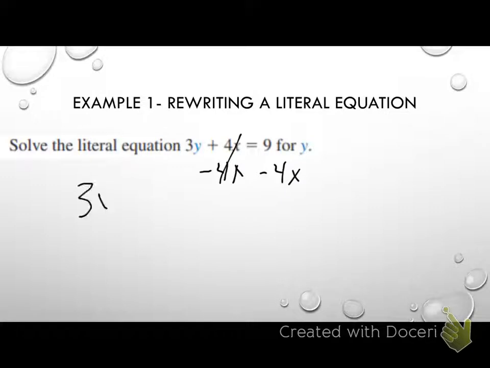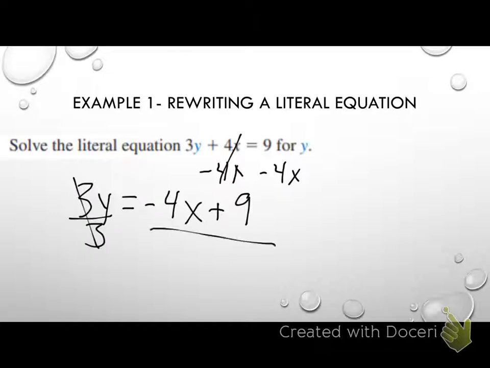So I get 3y equals negative 4x plus 9. Now what do I do? Divide by 3 on both sides. When I divide this right side by 3, I have to divide each term by 3.